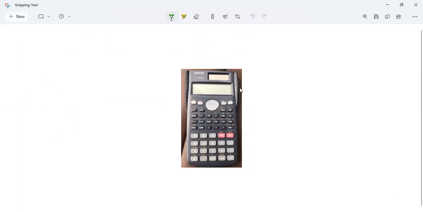So we have the Casio calculator here. Combination is this pattern there. If you're going to do 5 combination 3, you press 5 combination 3 equals, you get 10.